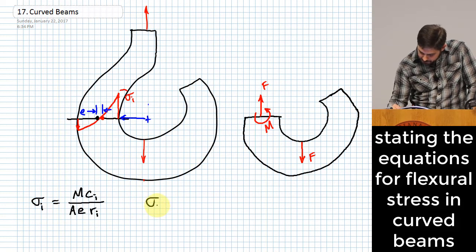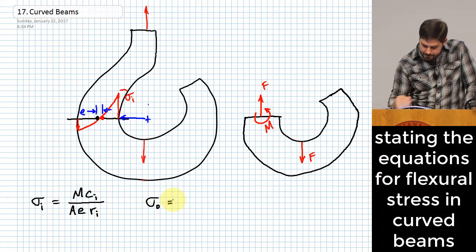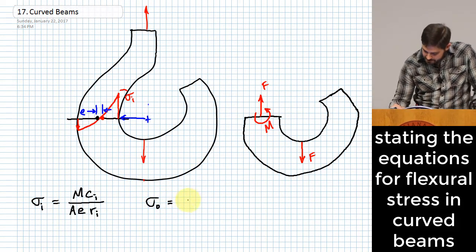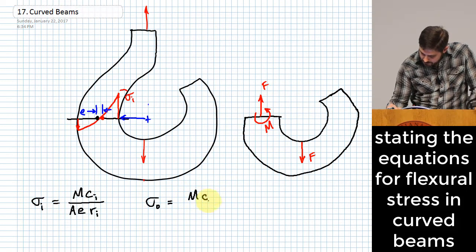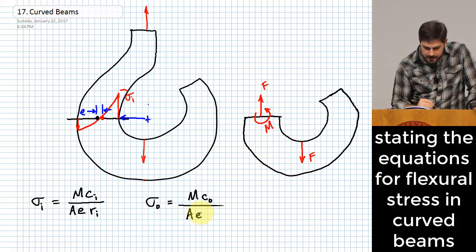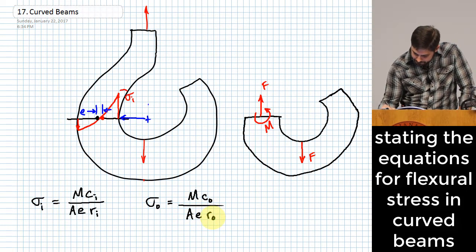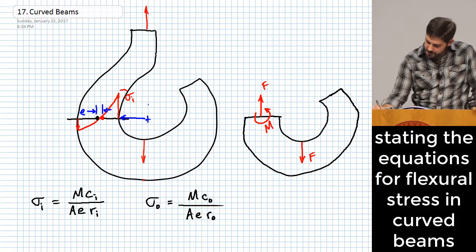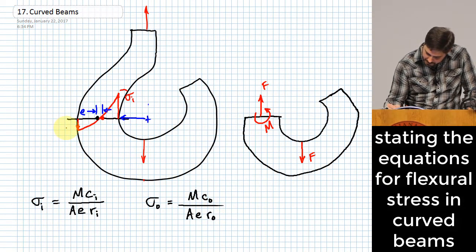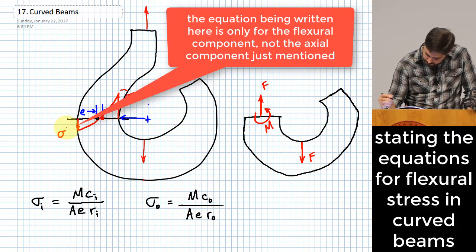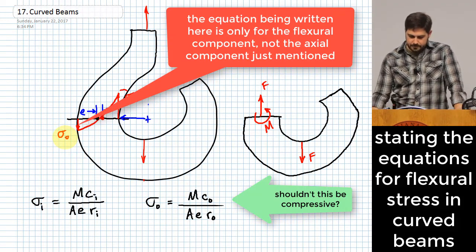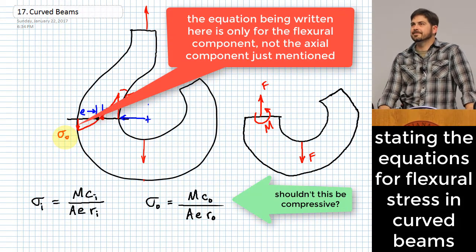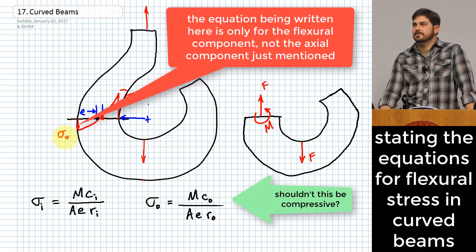Okay, we also have a similar one for the stress on the outer fibers of the beam. This one is similar in form, M C sub O over A E R sub O. Okay, and the stress that we're talking about there is the stress on this backside. How is it that both of them are like positive?